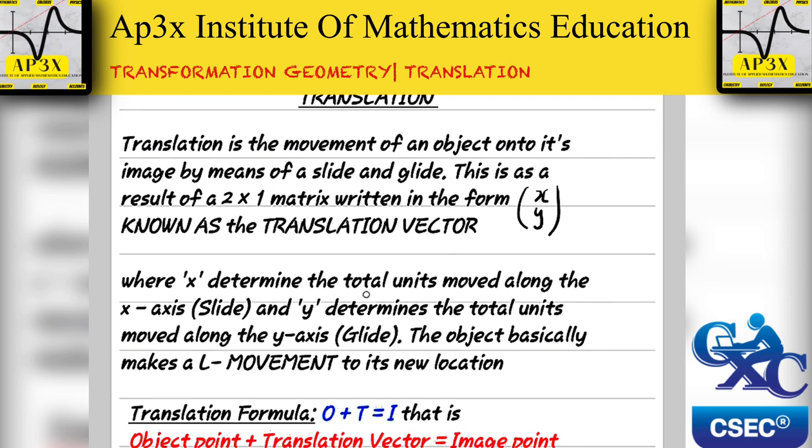Before we get in depth, it says that this is a result of a 2-by-1 matrix that is usually written in the form x, y. Assuming that you have a little bit of knowledge on the topic of matrices, that will make this explanation way easier, because we're going to be doing addition of matrices, or perhaps later on multiplication of matrices using row and column.